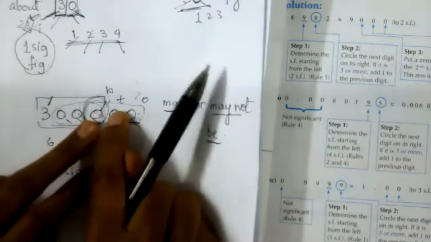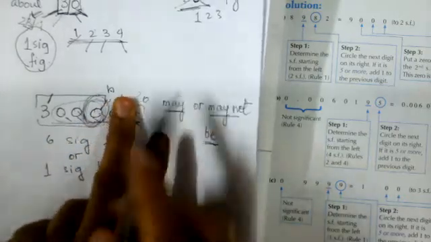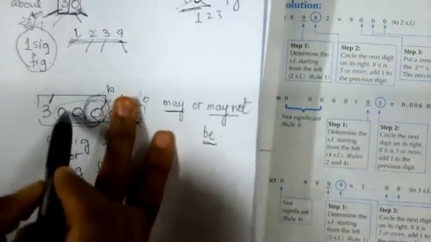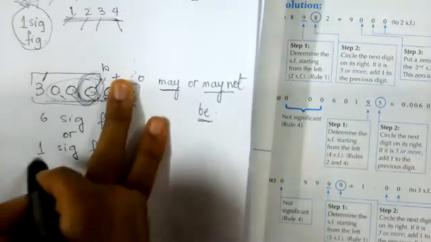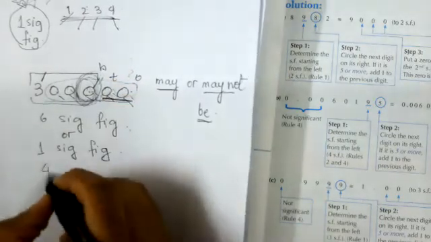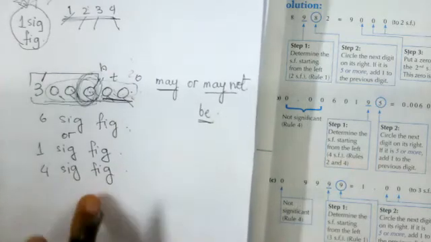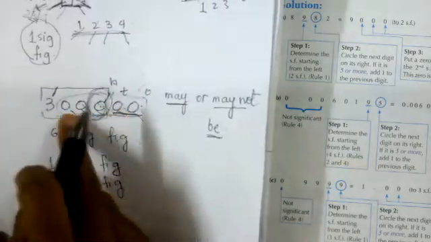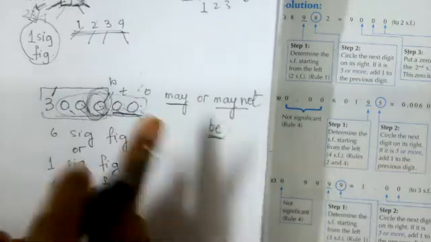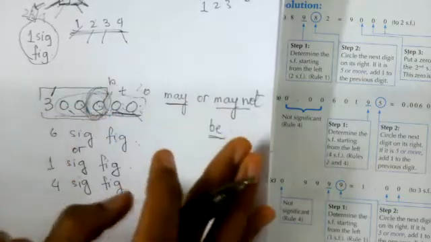Then the zeros are not significant, and the number of significant figures would be 1, 2, 3, 4. Four significant figures. So depending upon the situation, my answer will depend. These trailing zeros may or may not be significant depending upon the situation.